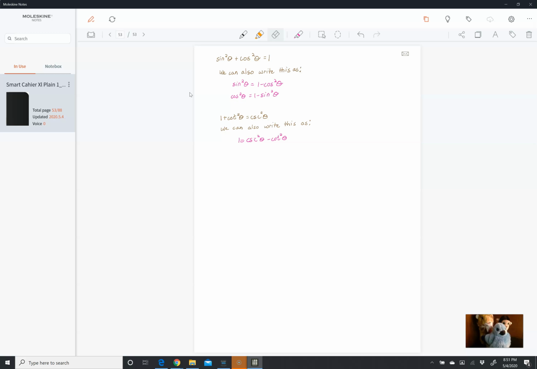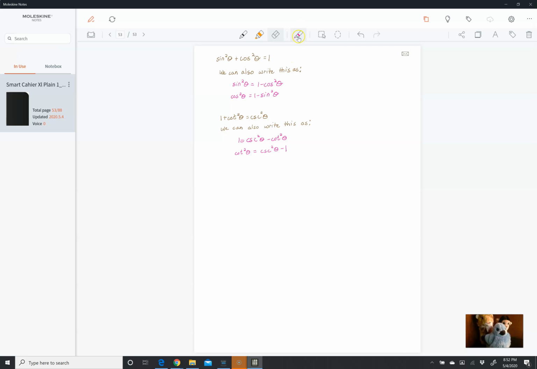Or we could solve it for cotangent squared and say cotangent squared theta is cosecant squared theta minus 1. Always write your thetas, always. I haven't always said it, okay? But you must write it because, again, you have to take the cosecant of something, the cotangent of something. So always write your thetas.